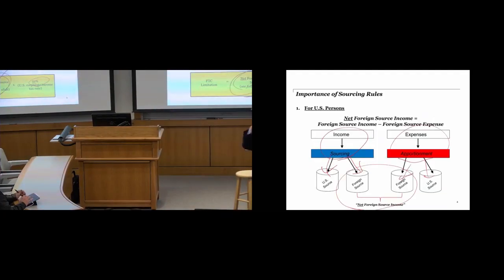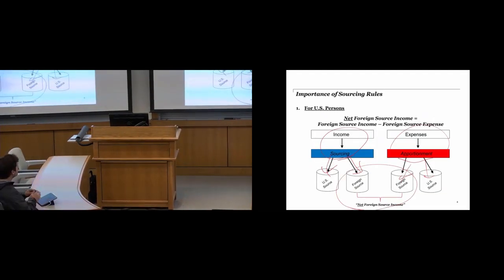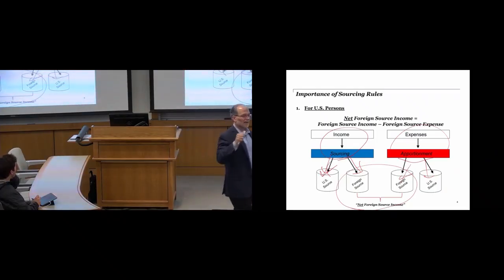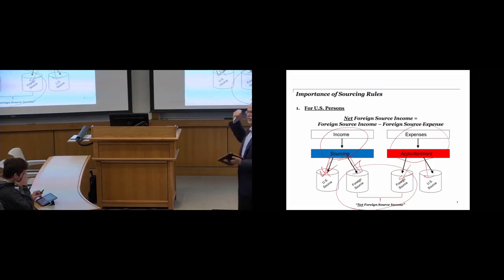And what's a little scary in this part is that it's binary, it's either U.S. or non-U.S. If you get the rule wrong for a particular income item, your calculation's wrong. Foreign tax credit's wrong, right? So that's why it's one of those things you just commit to a note and then make sure you get it exactly right.